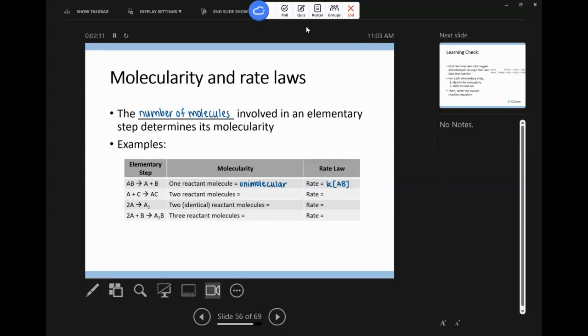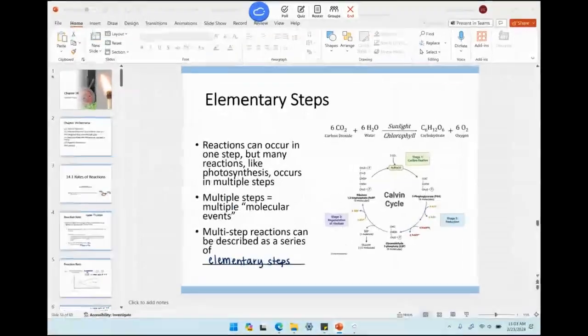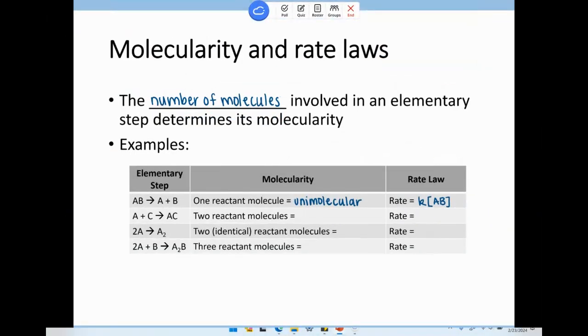If we have two reactant molecules, like A and C for this second reaction here, we call that a bimolecular reaction, because for that elementary step, two molecules are required.